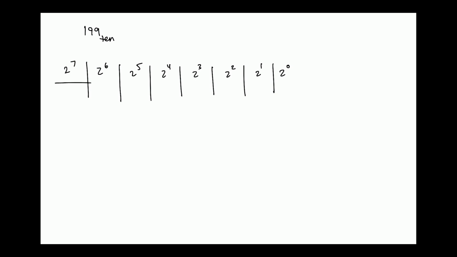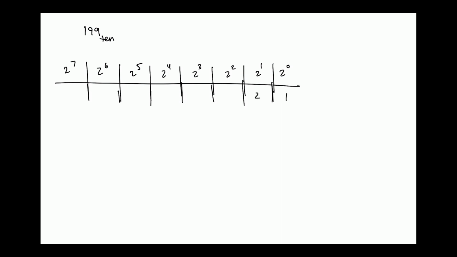If I want to write 199 in binary, first off, I need to put my place values. The place values are the powers of 2, and you may not think in powers of 2 like this, so let's write what those are equivalent to.